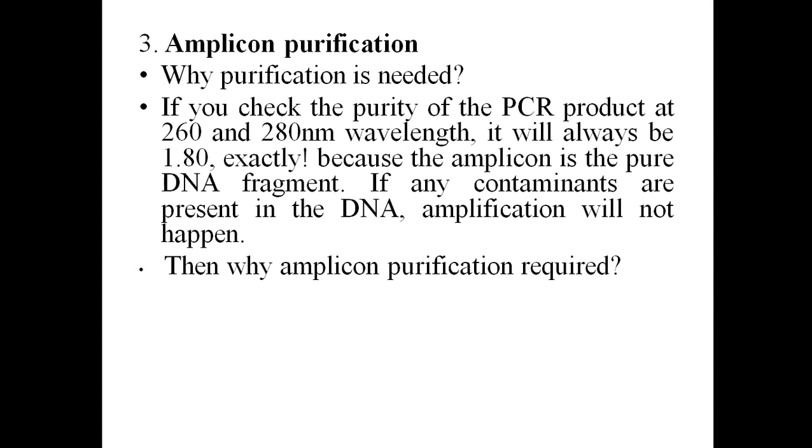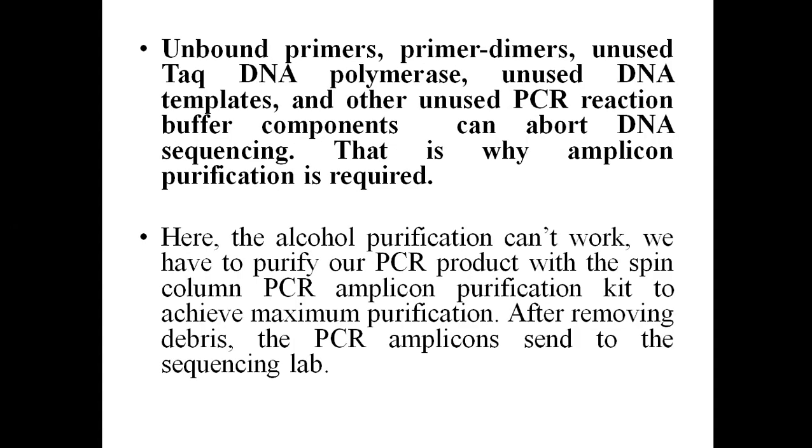There could be unbound primers and primer dimers, unused Taq DNA polymerase, and unused DNA templates. These are the things needed for the PCR reaction, but these and other unused PCR reaction buffer components can abort DNA sequencing. That's why we go for the amplicon purification.